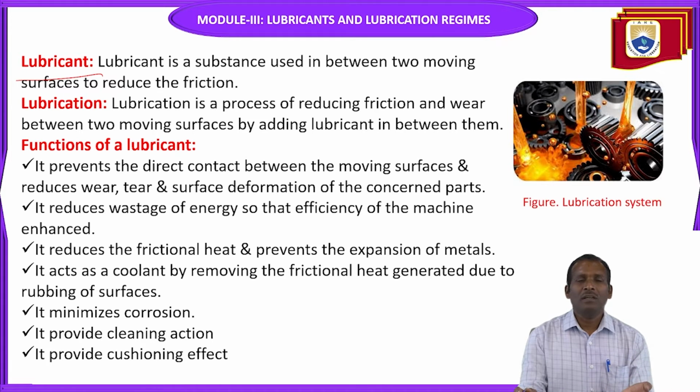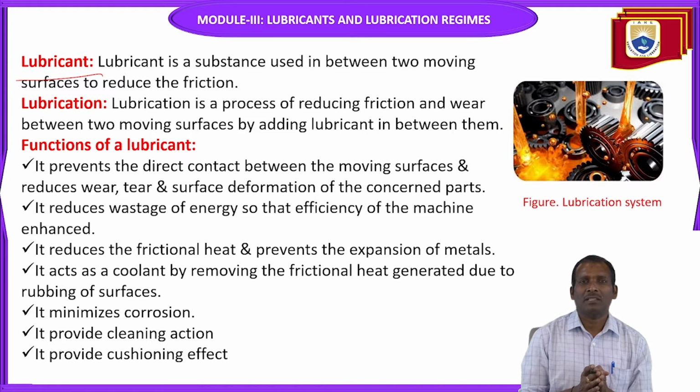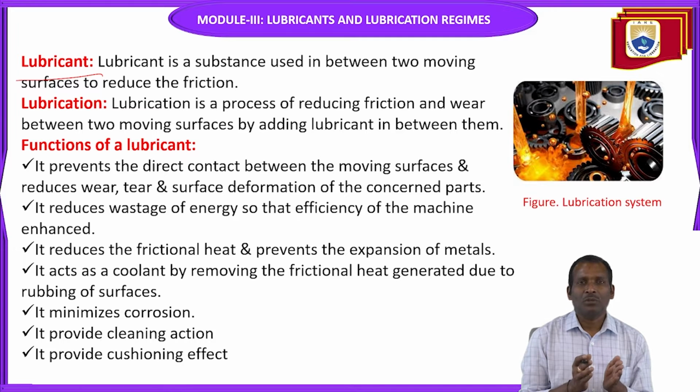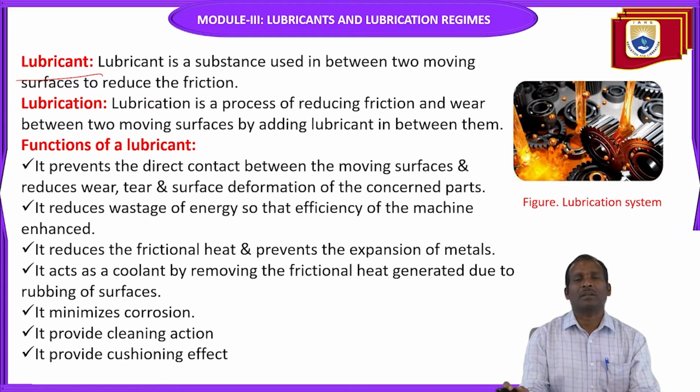To reduce the friction between the two contact surfaces. Whenever there is relative motion between two surfaces, one surface is in contact with the other, so there is friction. To minimize the friction, you have to use the lubricant substance.